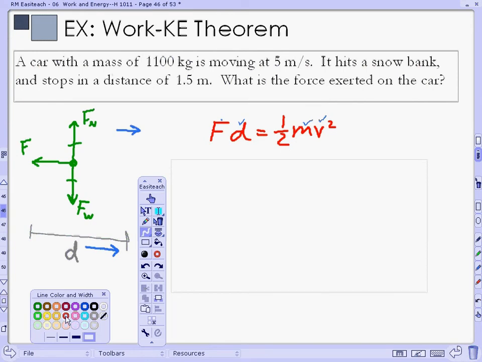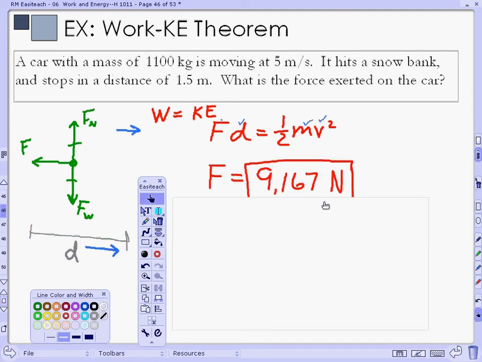Basically, it's the idea that the work is equal to kinetic energy, but because the delta is confusing to people, I'll just put kinetic energy, because what that really means is the work became kinetic energy, or in this case, it didn't add kinetic energy. What did it do? Think about that. It took away kinetic energy. So that's kinetic energy that's lost.